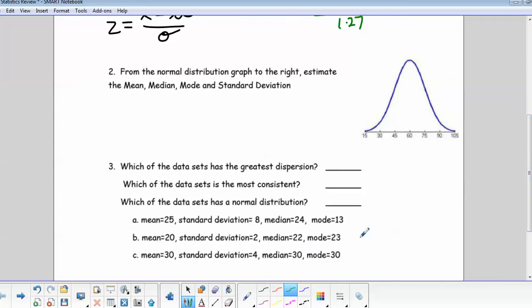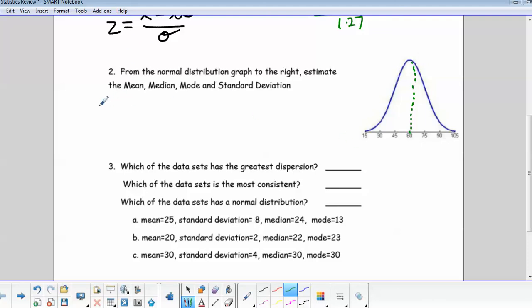Alright, from the normal distribution graph to the right, estimate the mean, median, mode, and standard deviation. When data is normally distributed, like you can see here on the bell curve, then your mean, median, and mode would all happen at the middle, which is 60 in this case.